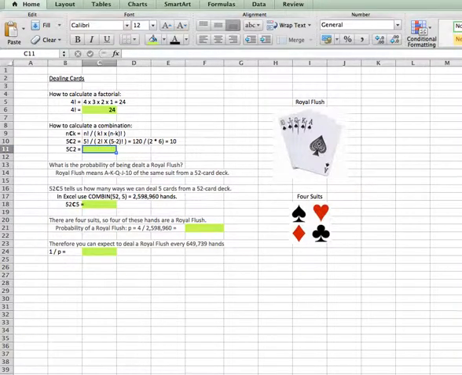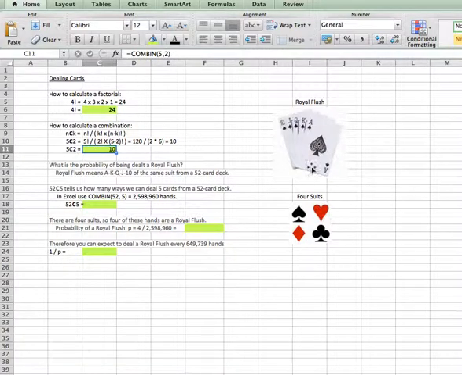Excel has a function called COMBIN for doing combinations. So if I put in equals COMBIN of 5 comma 2, Excel calculates that same 10 for us.